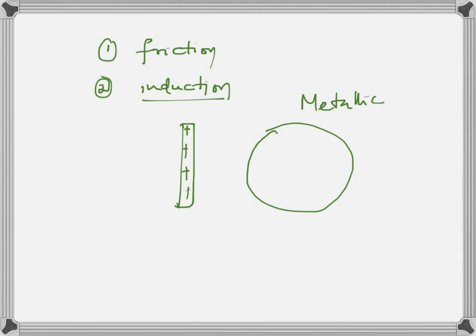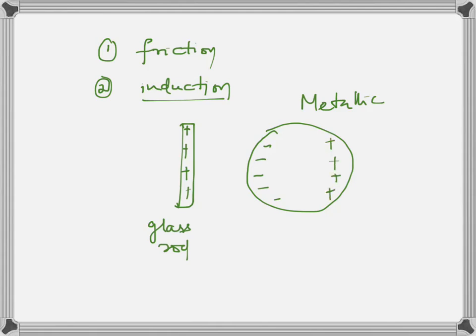So if each atom of metal contributes one or two free electrons, there are of course millions of atoms in a metal object. So you'll have millions of electrons which are free, in the sense they can move. These free electrons get attracted by the positive charge on this glass rod, and the positive charges would get repelled.